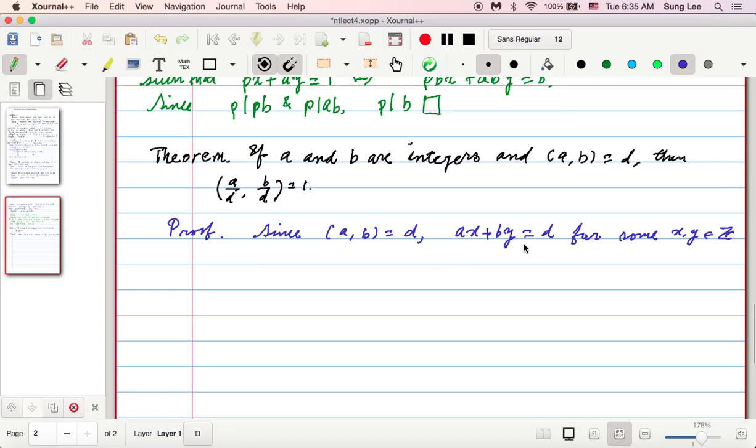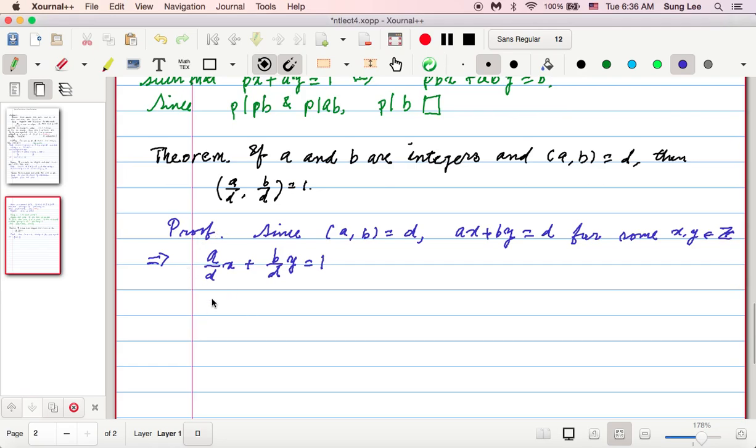So I'm going to divide this equation by d. This implies a over d times x plus b over d times y equals 1.